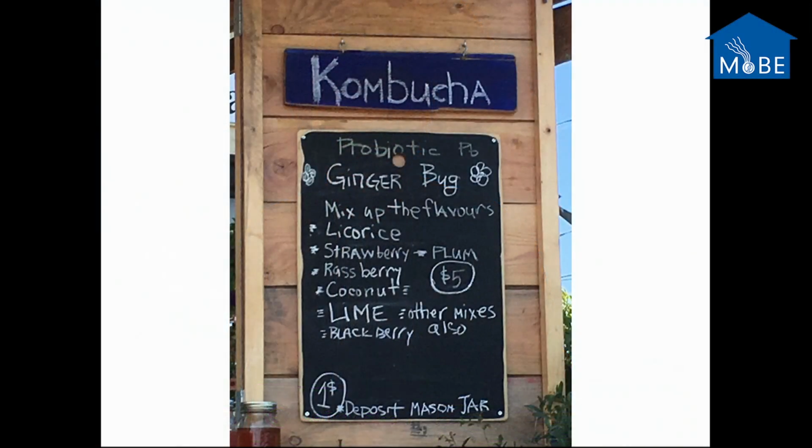So the first thing is the one image I wanted to show, which is on the screen now. And this is from some sort of fruit drink stand on Salt Spring Island. And I lost my interest in what they were actually selling when I saw it was $5 with a $1 deposit for the mason jar. But what caught my eye was the probiotic PB at the top of it, and this was, I think, to encourage people to drink.